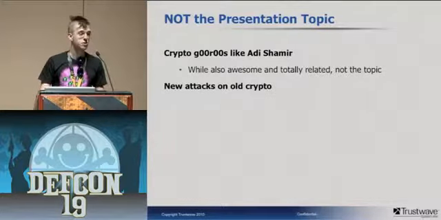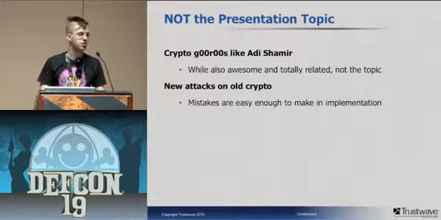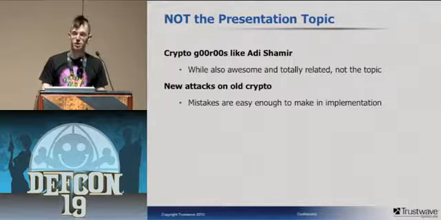We're not talking about new attacks on old crypto. I will be clarifying some details on the default encryption algorithm in ColdFusion, but that's not exactly a new attack. That's already known. It's just I've never seen it made public. I wasn't able to find any public details on why Adobe says this is a weak cipher.